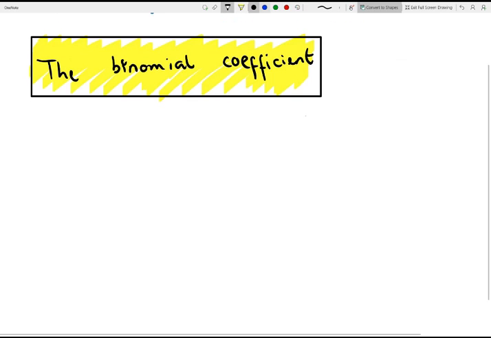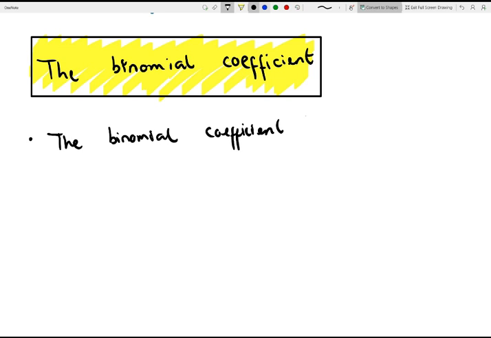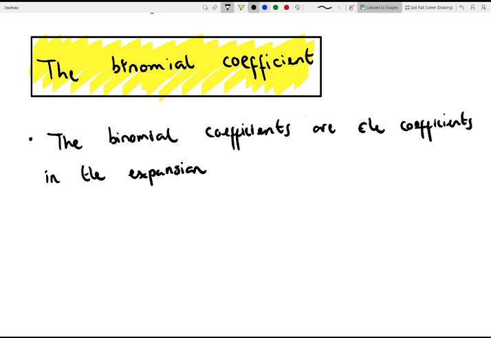Okay, so let's recall a few statements about the binomial coefficient. The binomial coefficients are the coefficients in the expansion of x plus 1 to the power of n.